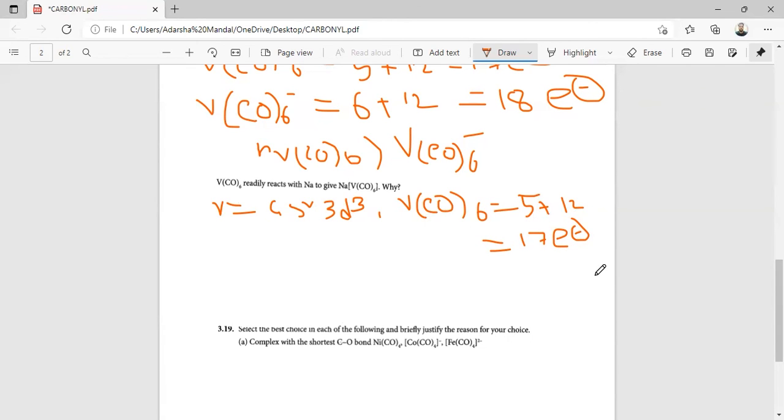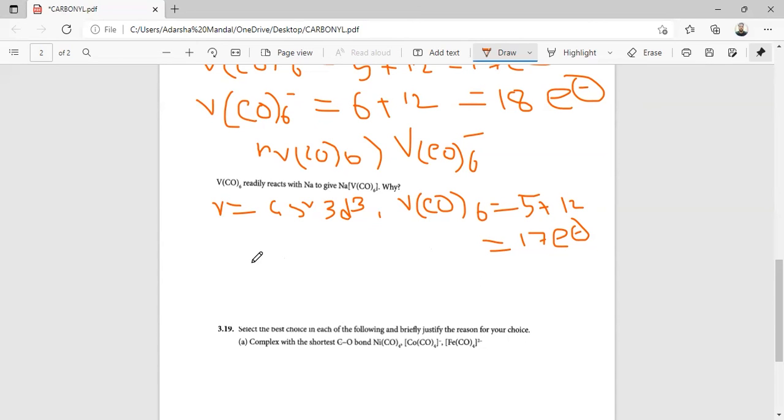According to the 18 electron rule, it has one electron less than the 18 valence electrons needed to be complete. So it is more or less an unstable species.